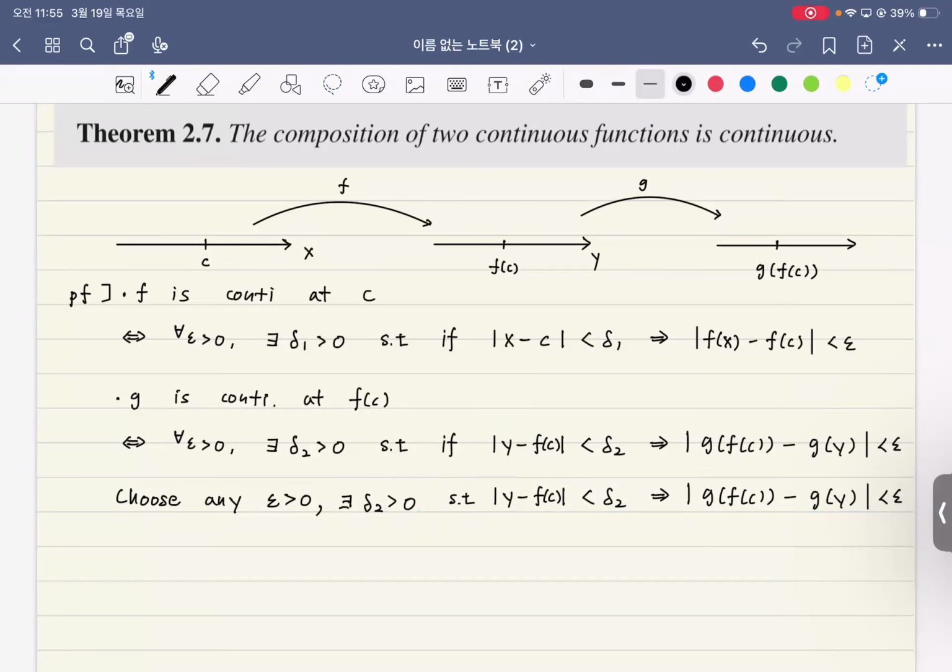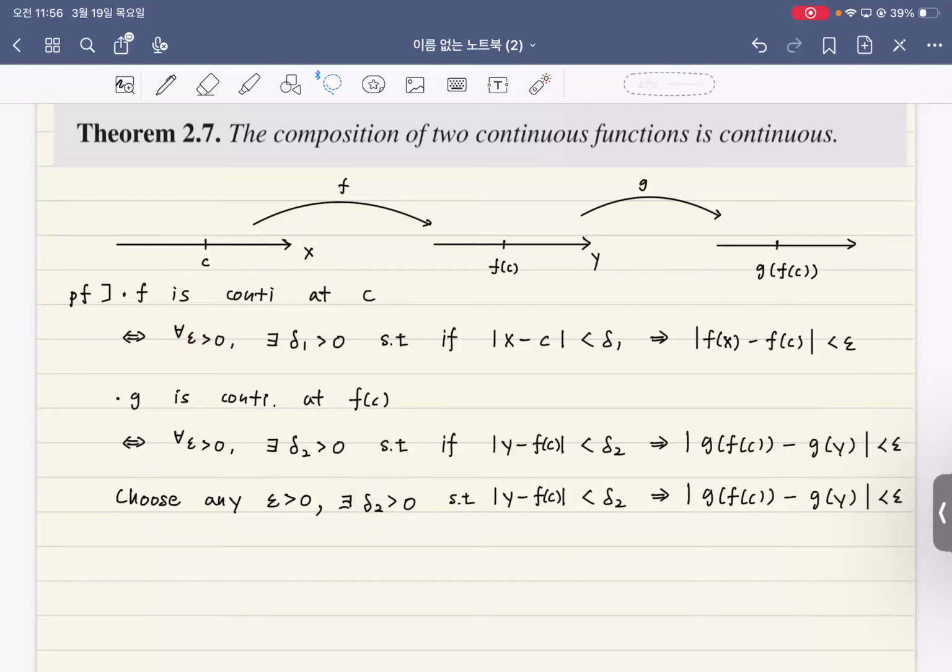Okay. Then for this given, well, so we found this delta 2, and I'm going to use this delta 2 as an epsilon over there. What happens if I replace this epsilon by this delta 2?